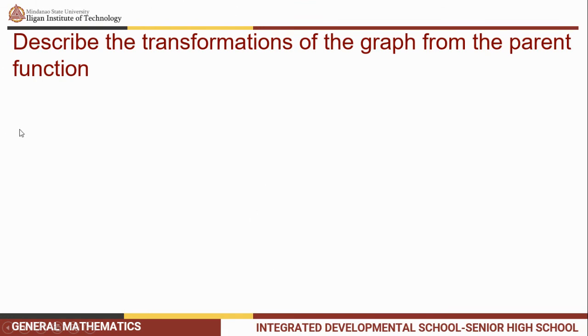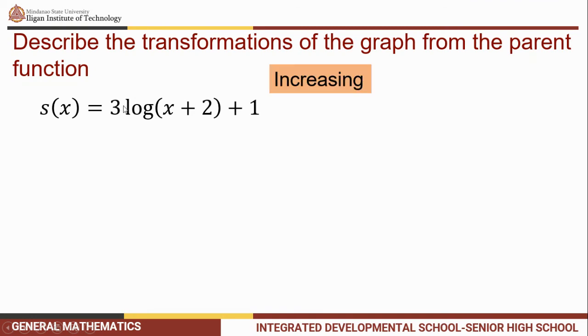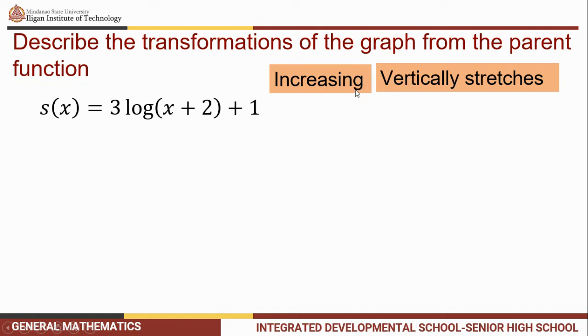So let's describe the transformation of the graph from the parent function. So we have here function s, which is equal to 3 log of x plus 2, plus 1. What have we observed? First, it is increasing because our base here is 10. It vertically stretches.